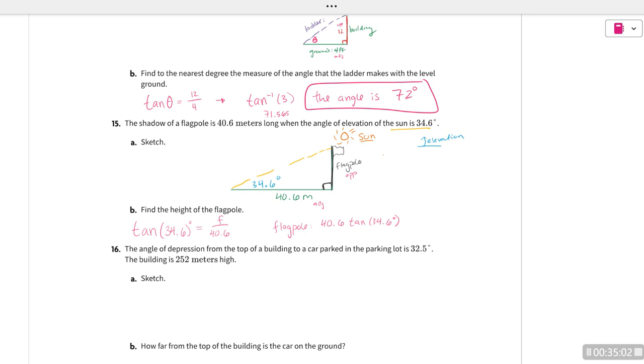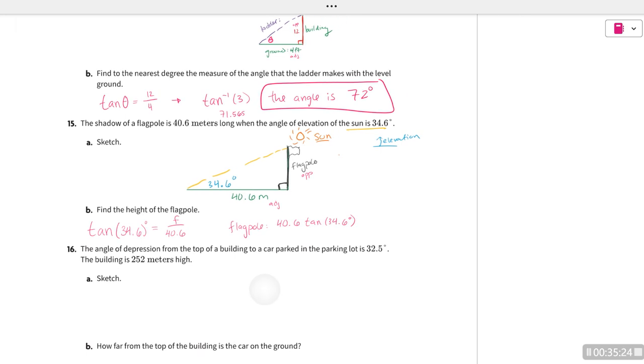Make sure you are in degree mode too. If you're using the same calculator that you've been using, you're probably all set already. So tan of 34.6 degrees gives us something just under 0.7, right? 0.689, and so on, times 40.6.